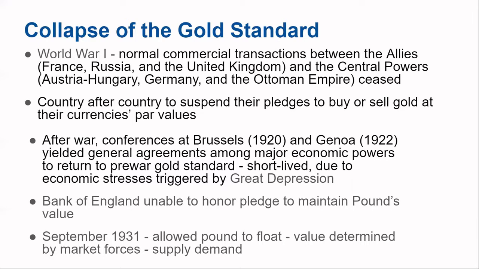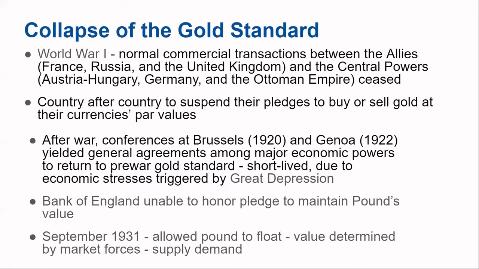Most countries at this time were also raising tariffs, imposing high taxes on imported goods to protect their domestic jobs against imports.